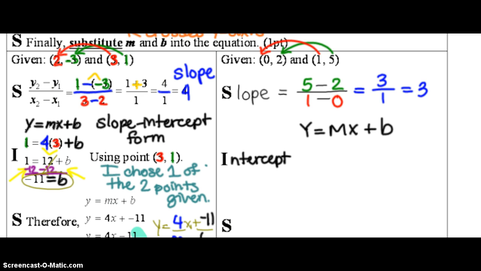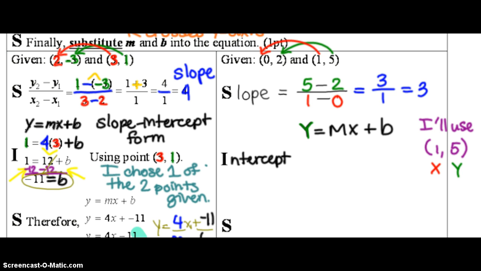In order to find the intercept, step 2, I have to substitute values. In order to do so, I have to pick between the 2 points. It may be tempting to use (0, 2). It may be tempting to use (1, 5), but you're going to have to choose. Since I chose (1, 5), 1 will go in for my x, and 5 will go in for my y.